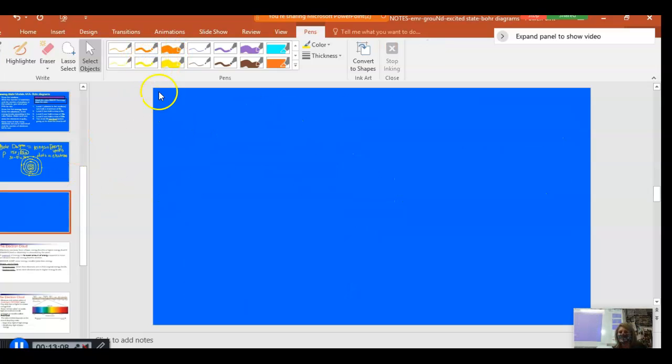Okay, let's look at magnesium, Mg. We need a little bit of information. We need to know how many protons. So how many protons does magnesium have? Excellent. We need to figure out neutrons, right? So we take the atomic weight, round it to the nearest whole number, and then subtract my number of protons.